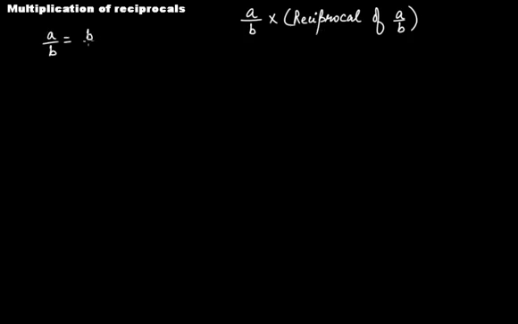Clearly it is B over A. Reciprocal of A over B will be B over A: B goes at the place of A and A comes at the place of B. So this becomes A over B times B over A.